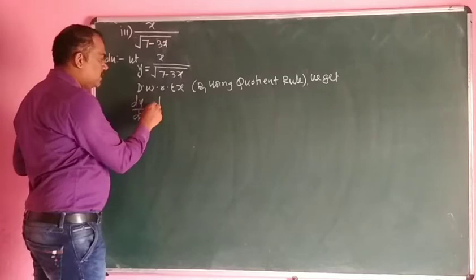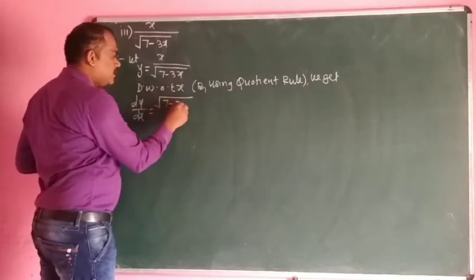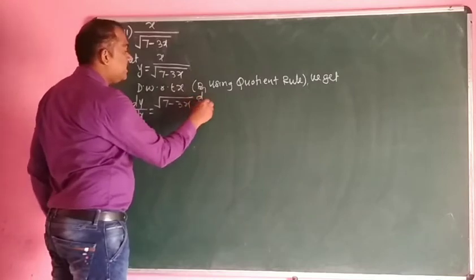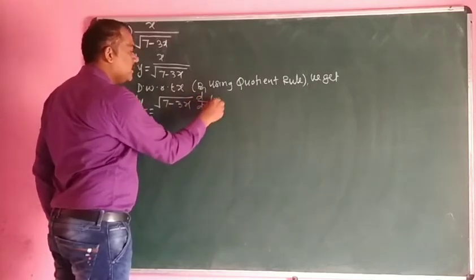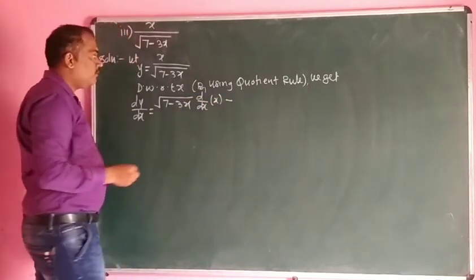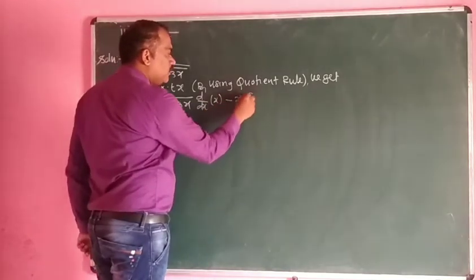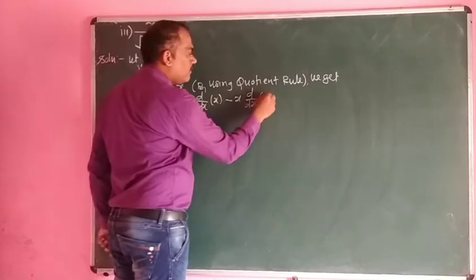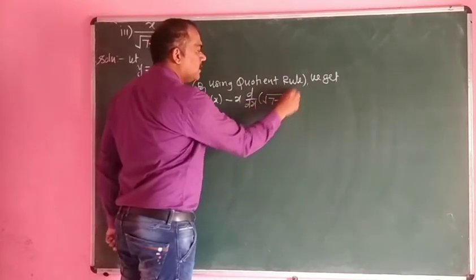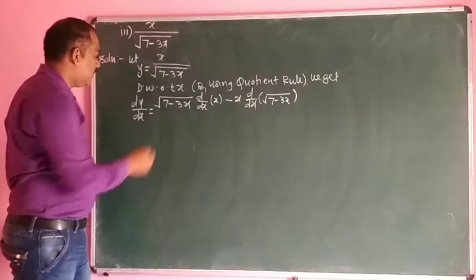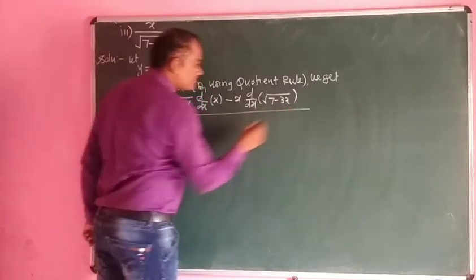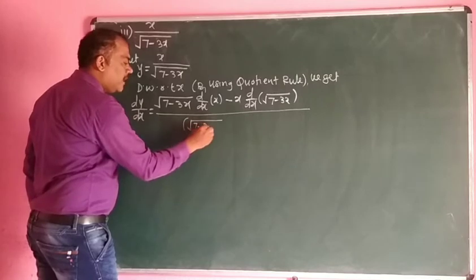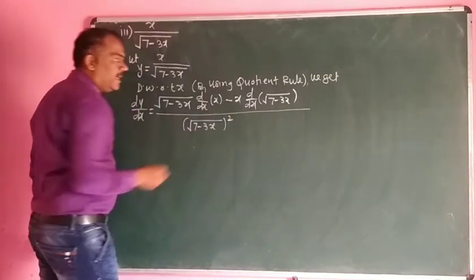Denominator, that is square root of (7 minus 3x), into the derivative of the numerator, that is d/dx of x, minus numerator, that is x, into the derivative of the denominator, that is root of (7 minus 3x), divided by the denominator square, that is (root of (7 minus 3x)) whole square.